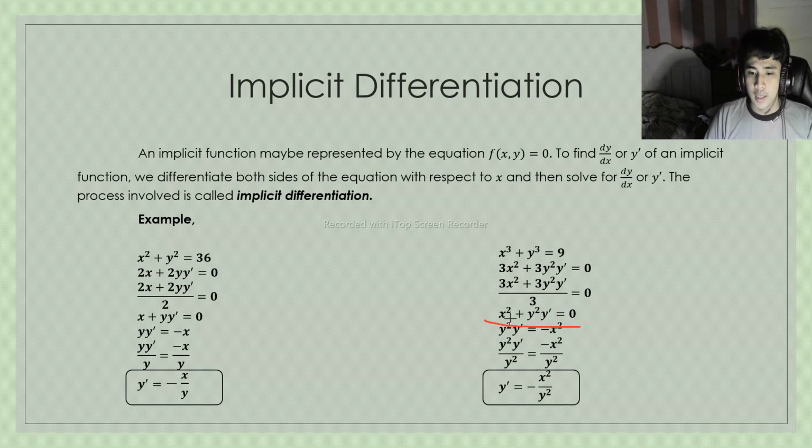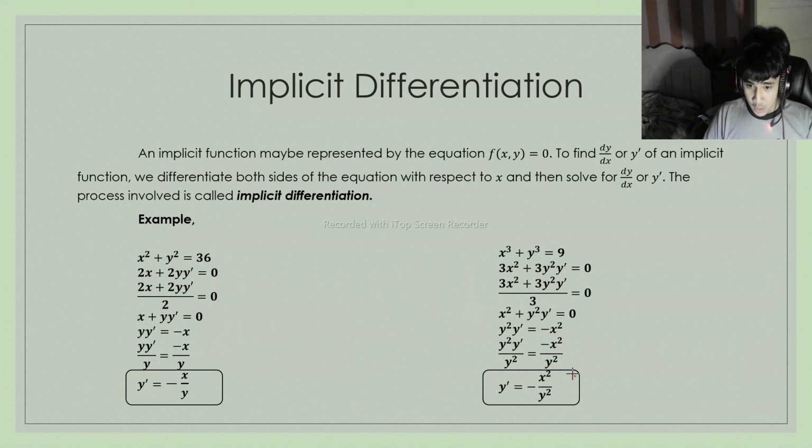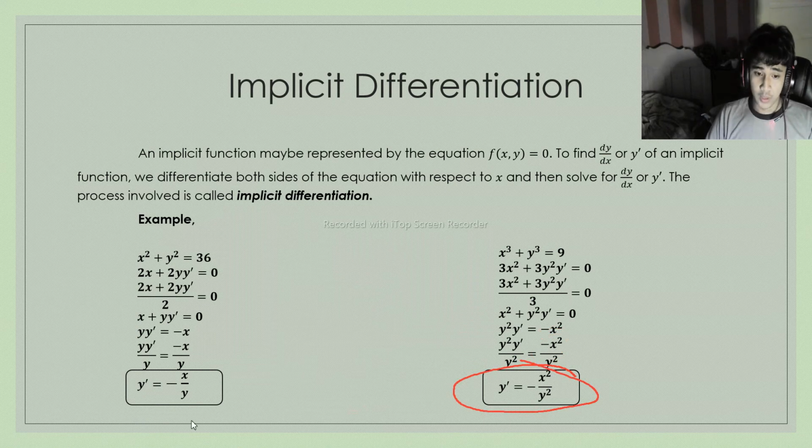Then x squared plus y squared y prime, i-transpose natin yung x squared. Tapos pag na-transpose na, negative x squared na yon. Then ulit natin, i-cancel natin yung y squared para maiwan yung y prime. Y squared, y squared. Yan, cancel. Lipat natin kay x squared. And nasa baba na nga si y squared. So, ang ating answer ay y prime is equal to negative x squared over y squared.